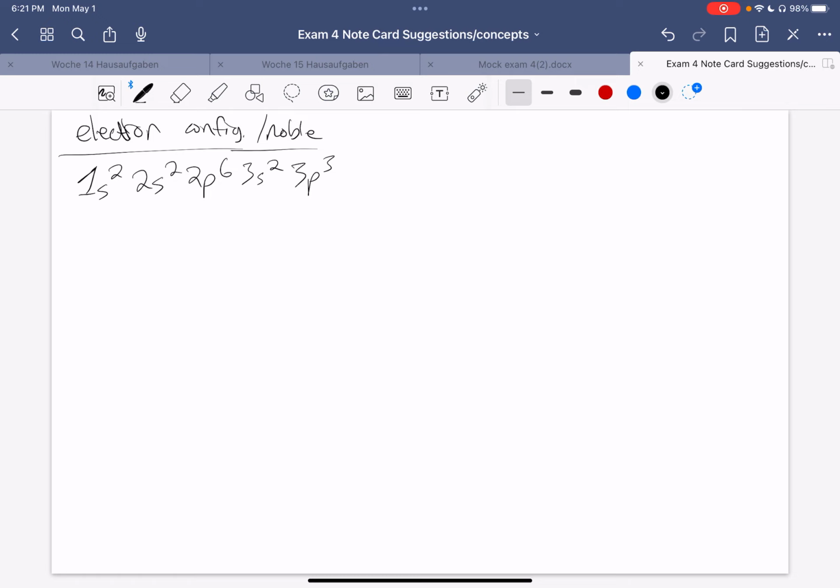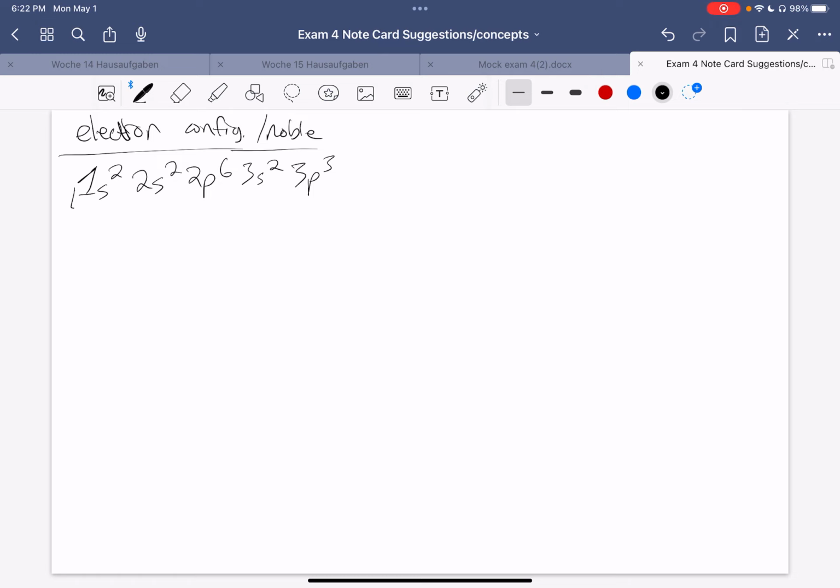Okay, and then shorthand for electron configurations, if you don't want to write everything out, you can start with the last completely filled n equals whatever level, and then continue on from there.